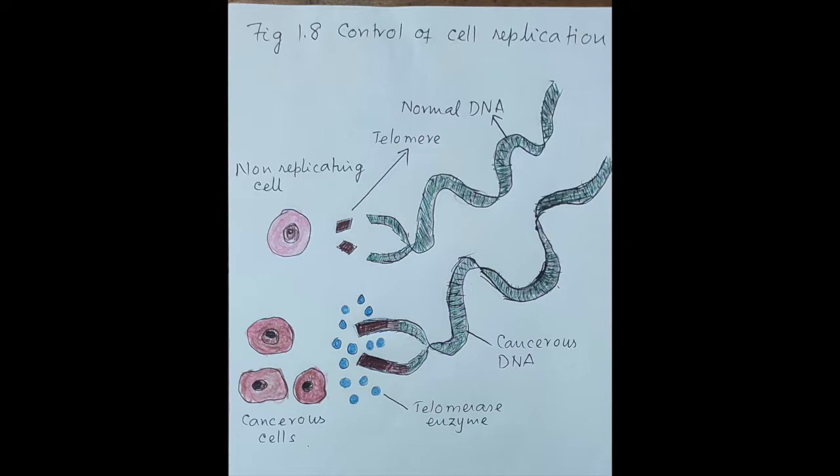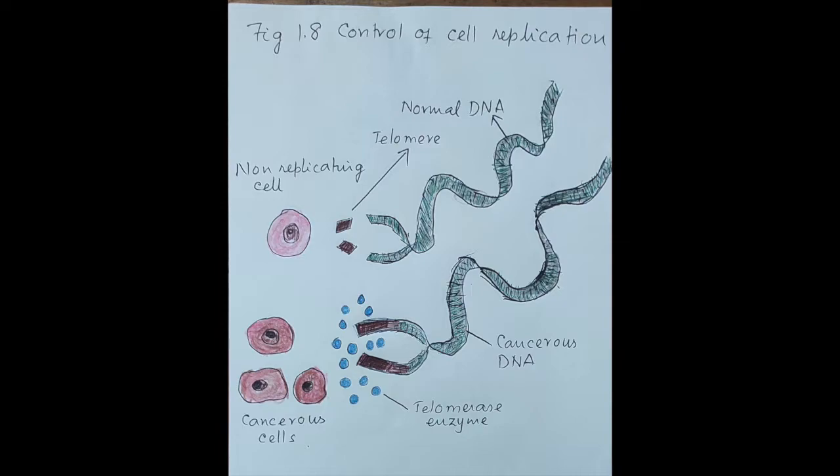Figure 1.8 shows control of cell replication by telomeres and telomerase. The cell's chromosomes are capped by telomeres, which, in the absence of telomerase activity, shorten with each cell division until the cells stop replicating.